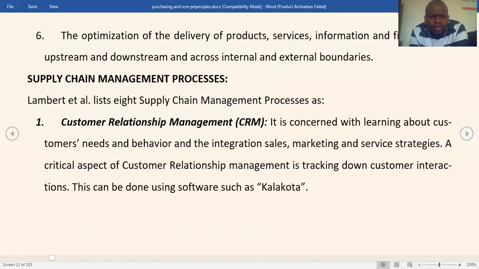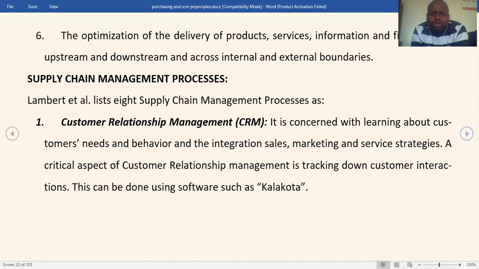And lastly, optimization of delivery of products, services, information, and finance, both upstream and downstream, and across the internal and external boundaries. So you're able to optimize your delivery of products, services, and information, both in the upstream and downstream. So supply chain management processes may include the following.